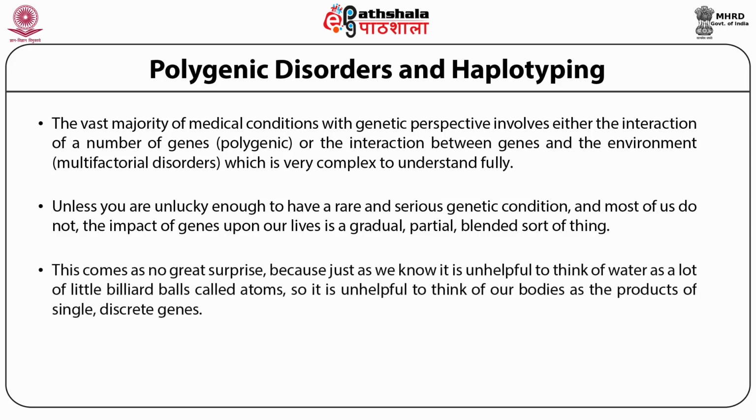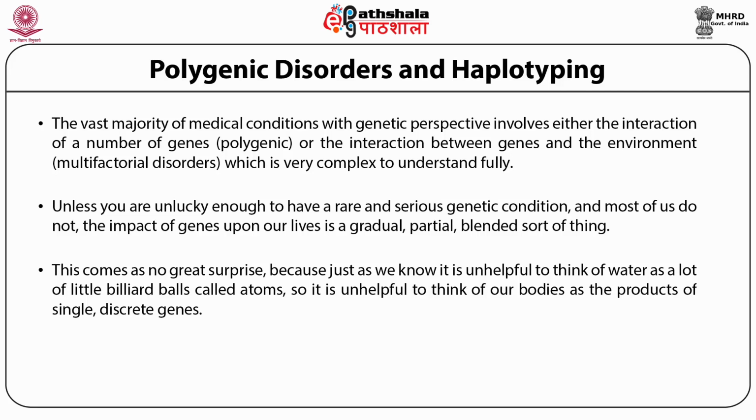This comes as no great surprise because just as we know it is unhelpful to think of water as a lot of little billiard balls called atoms, so it is unhelpful to think of our bodies as the product of single discrete genes.